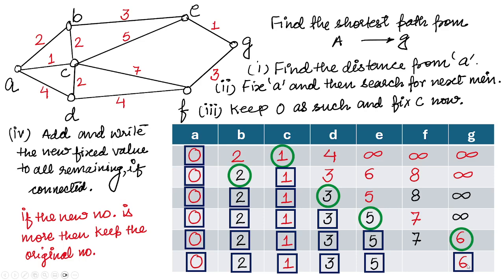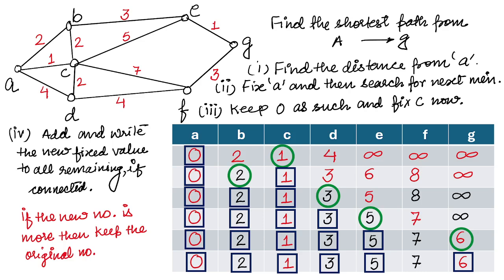The minimum distance of vertex G is already 6. So this is 3 plus 6, 9. So can I write 9? No, I cannot write 9 because 9 is more than 7. So therefore 7 will come as such. So friends, in this way you have completed the table.